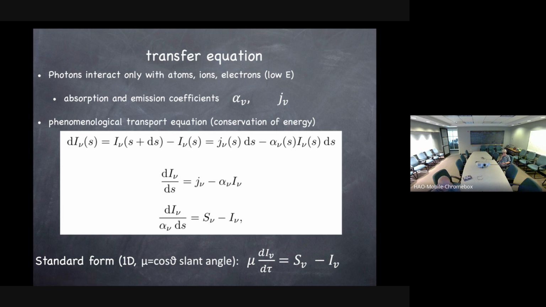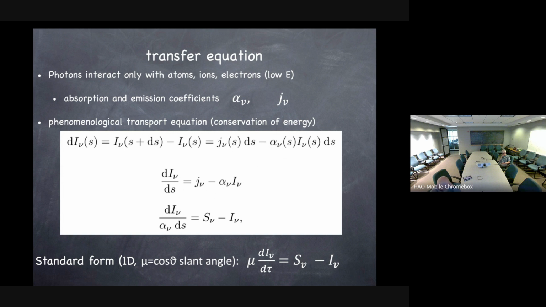Well, the big deal is that in many situations, S cannot be pre-specified. So S, what is it? It's the ratio of the emission to the absorption. So if I now use the definition of 1 over alpha as being the mean free path, I now can say that the source function, this S here, is the amount of emission integrated over 1 mean free path at frequency nu.